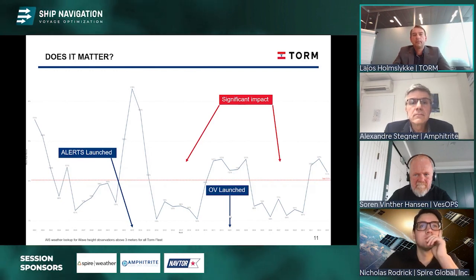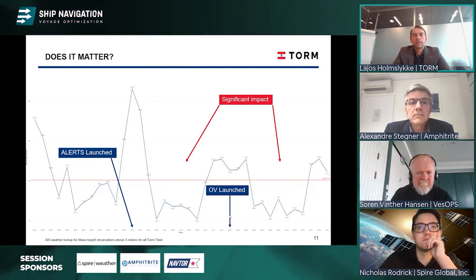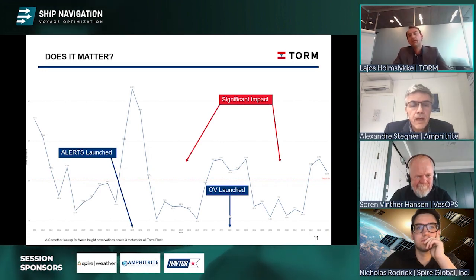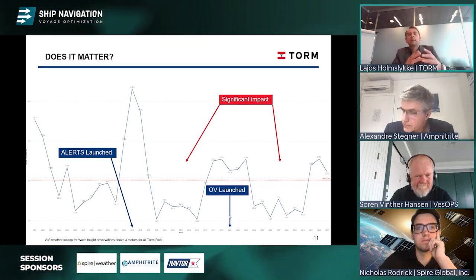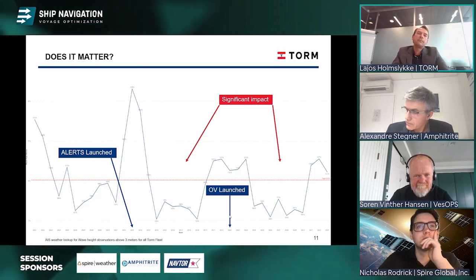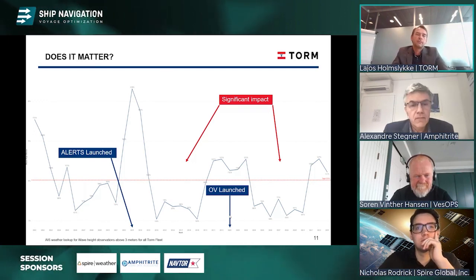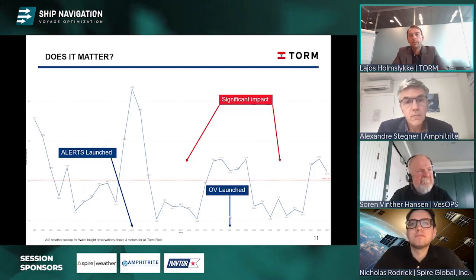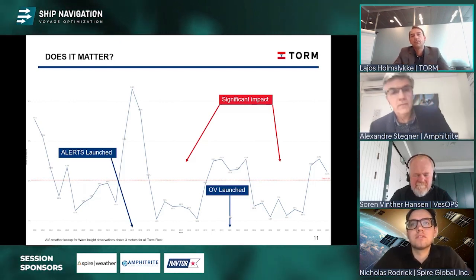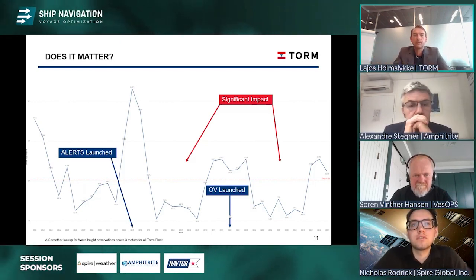Yes, we definitely can. And I apologize, this graph is not very clear, but it simply represents the amount of time that our vessels are in significant wave heights of more than 3 meters. The way that we do it is that we glue the AIS position together with the weather we have from our API from our weather vendor.